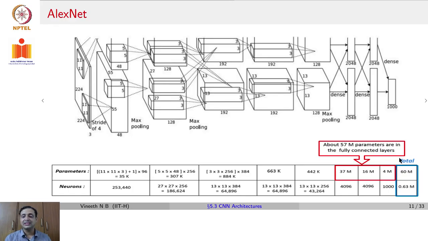So of the total 60 million parameters, about 57 million parameters are located only in the fully connected region. And that should again go back and explain to you how efficient the convolutional and pooling layers are in terms of number of parameters. And the number of neurons comes to totally about 0.63 million.